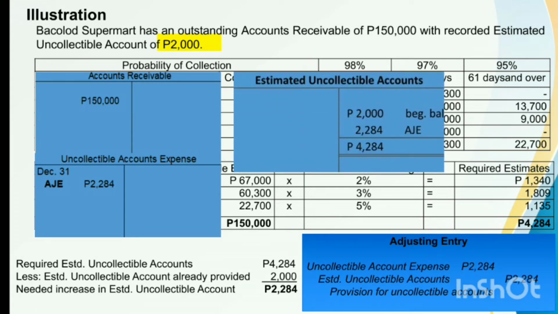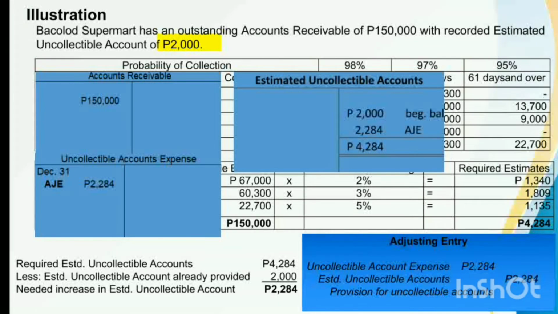And then for estimated uncollectible accounts, we have a credit balance of 4,284. So we have 2,000 pesos beginning balance, plus the adjusting entry we made, which is 2,284. So the total is 4,284, which is the required estimated uncollectible accounts.